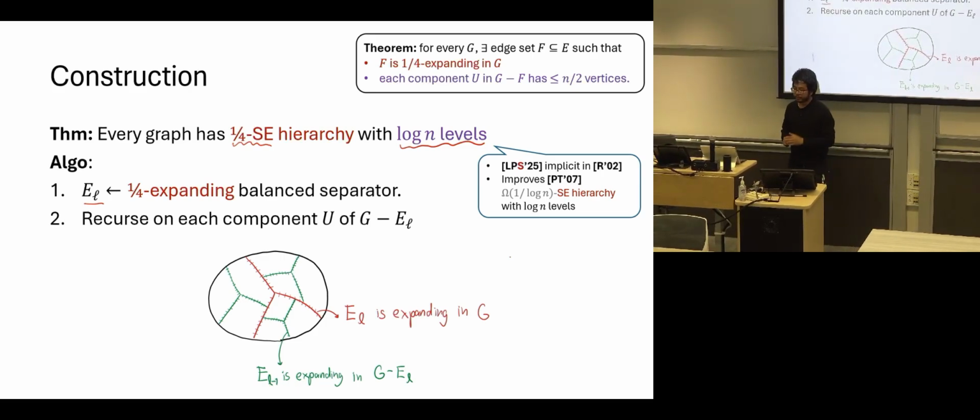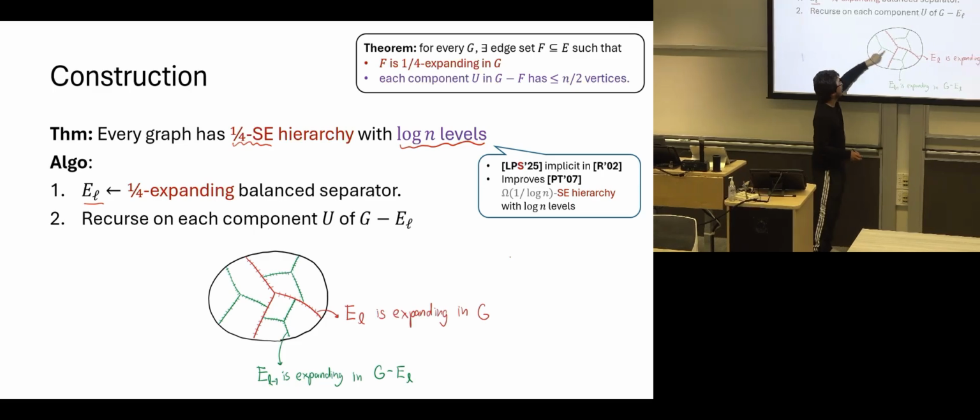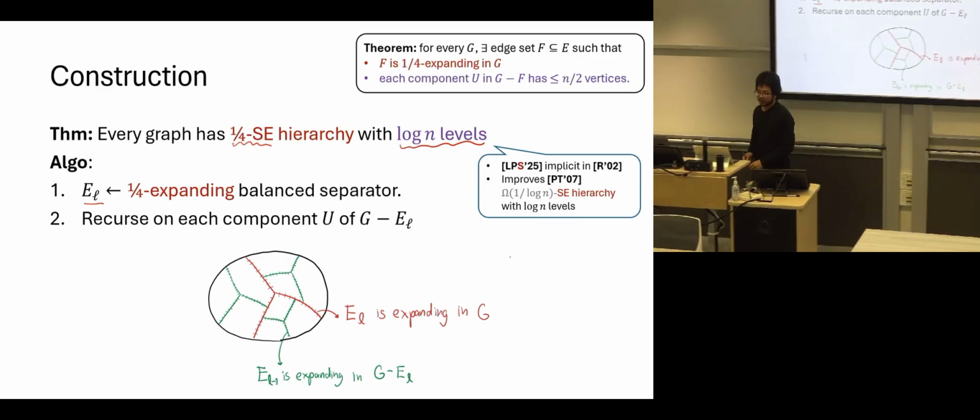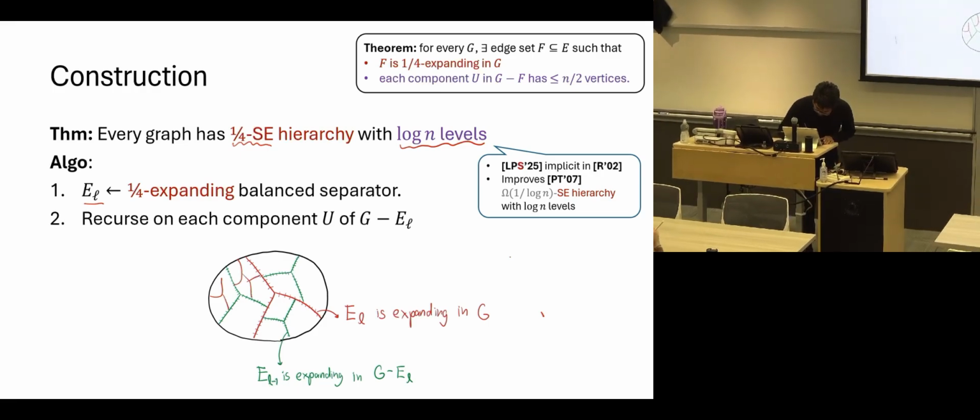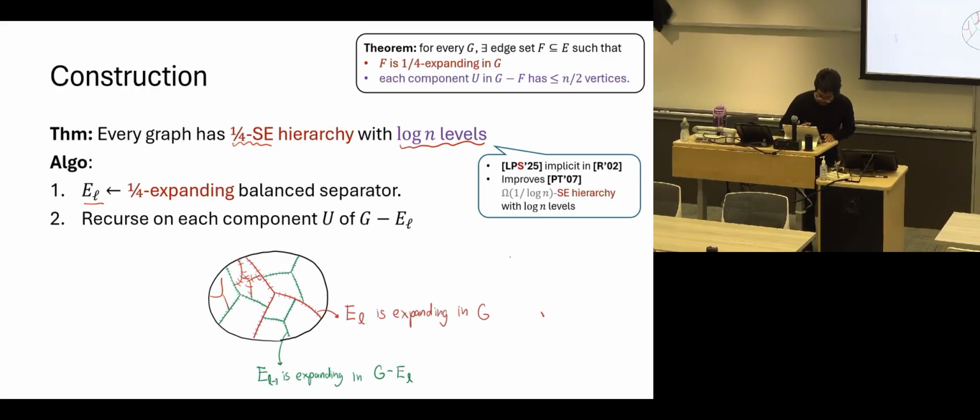It's really by definition: for each cluster, you get some separator that is expanding, and then you recurse on each of these components. In the next level, you get EL-2, and so on. And this must be 1/4 expanding because each of these EL is 1/4 expanding.